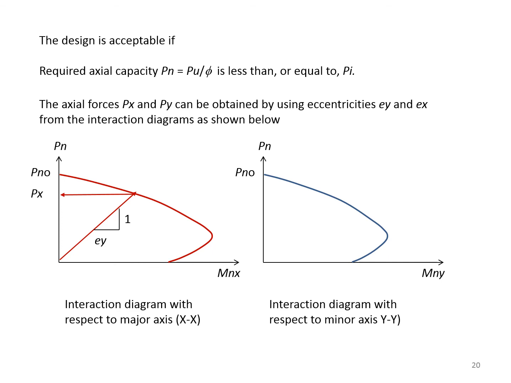For example, as shown in the left figure, we draw a line between the origin and the diagram using slope 1 over Ey. We draw a horizontal line going across and read Px. And then with respect to the minor axis, we use a slope of 1 over Ex, draw a horizontal line, and read Py.